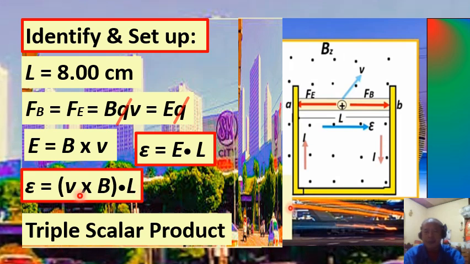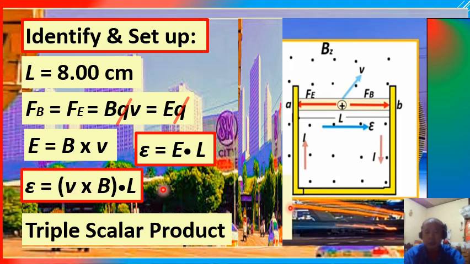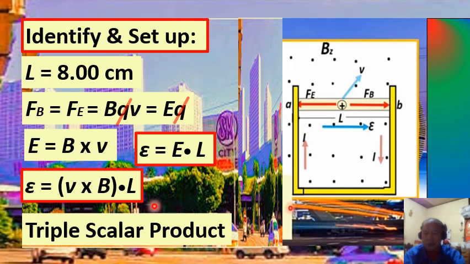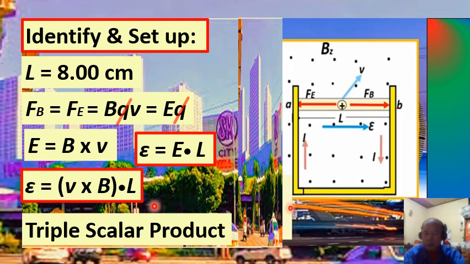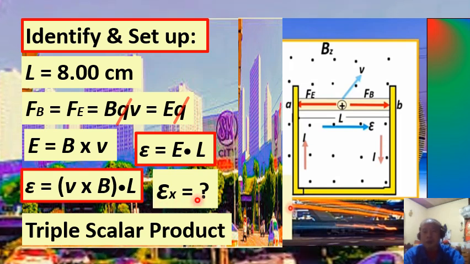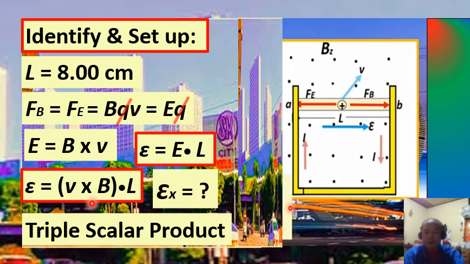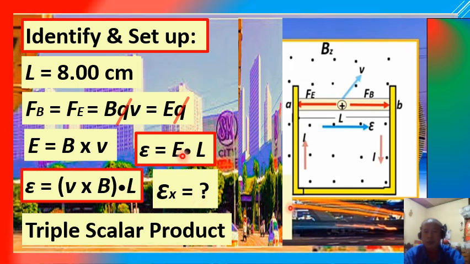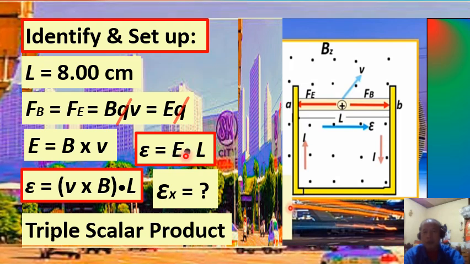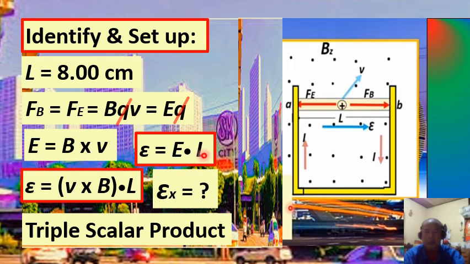right? And since the cross product of v and capital B is actually the electric field vector, capital E, we can also express the electromotive force, epsilon, in terms of the dot product of the electric field and the length, capital L, right?